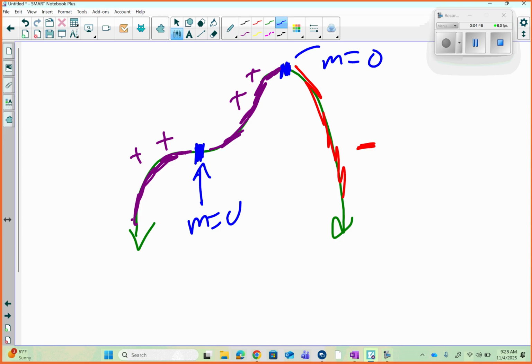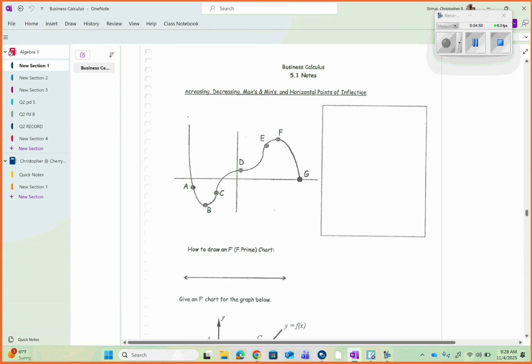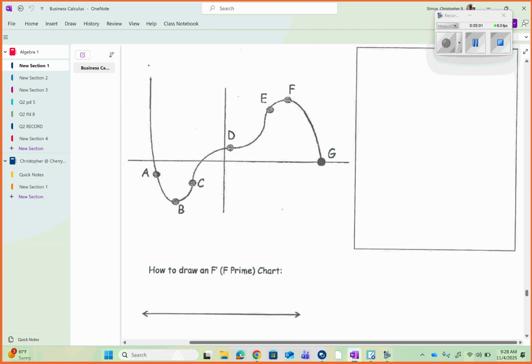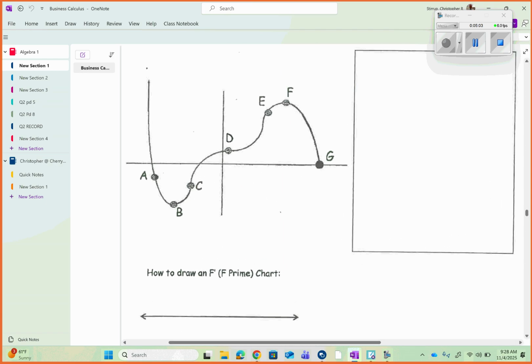So a lot of times what we'll do, and this will take us back to our notebook, is we're going to take that exact same idea, and we have this silly little graph that they have drawn up here. This graph doesn't have any numbers. It just has letters. So let me ask you this.